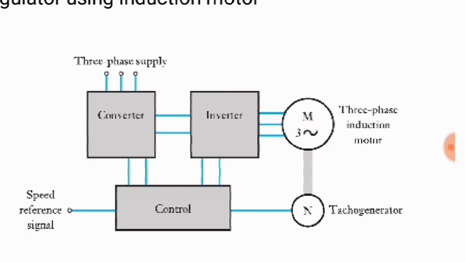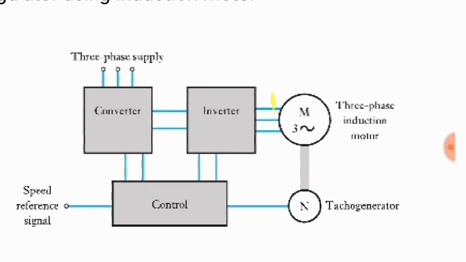The inverter converts this DC into a three-phase supply. That is here. The output of the inverter is a three-phase supply. Its peculiarity is that its frequency can be controlled. So the output of the inverter is a variable frequency three-phase supply, and it is given to the three-phase induction motor.